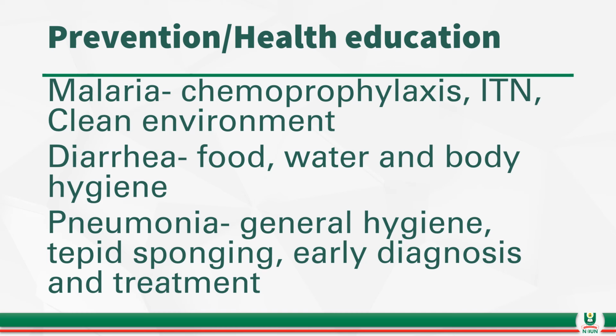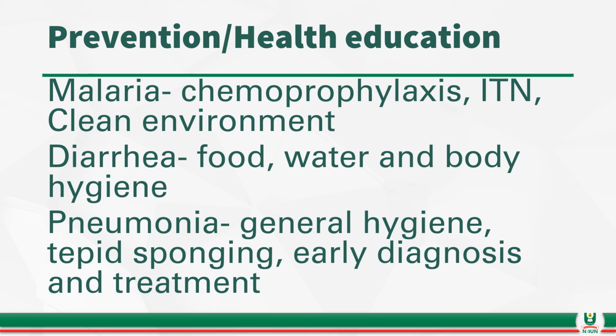For a child who is constantly having malaria, chemoprophylaxis should be encouraged. Preventive medications for malaria should be given to such a child. Such a child should be covered with insecticide-treated nets to avoid mosquitoes.